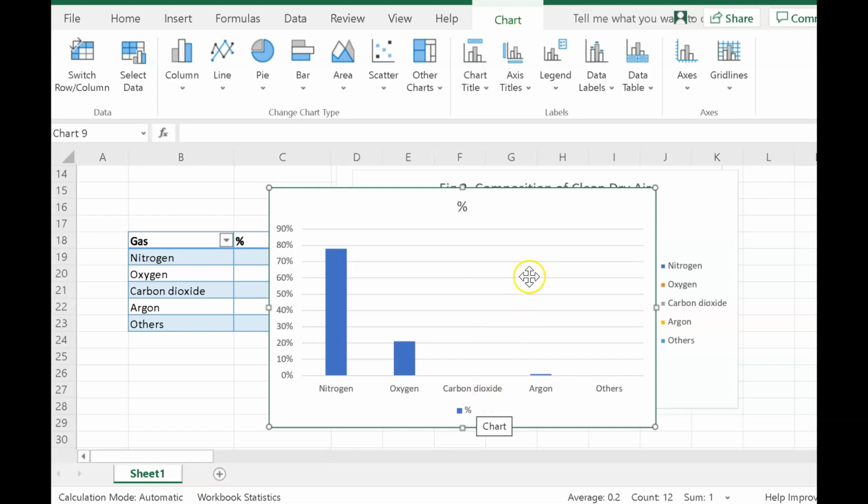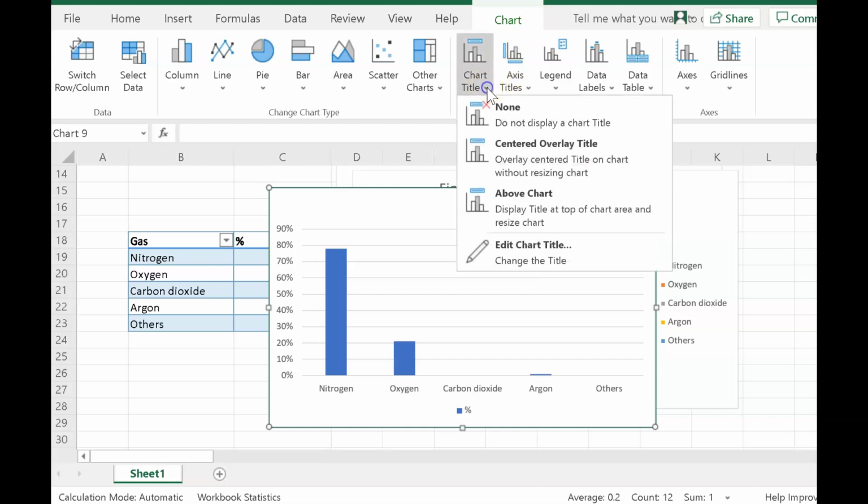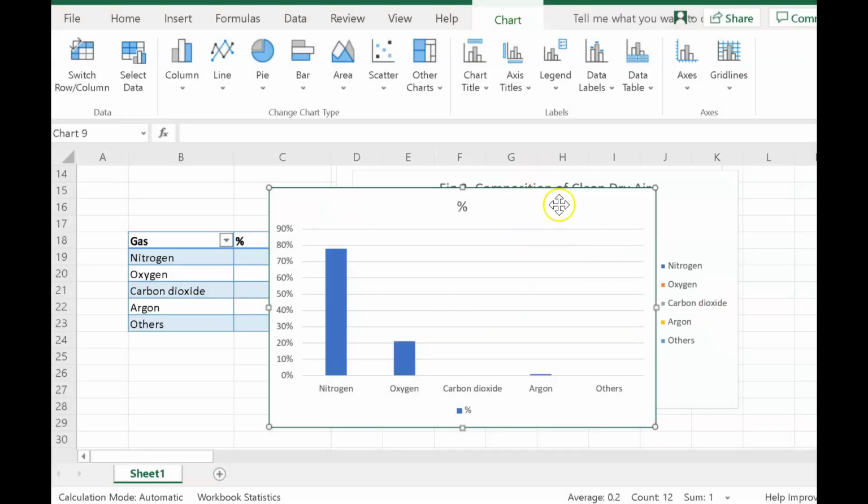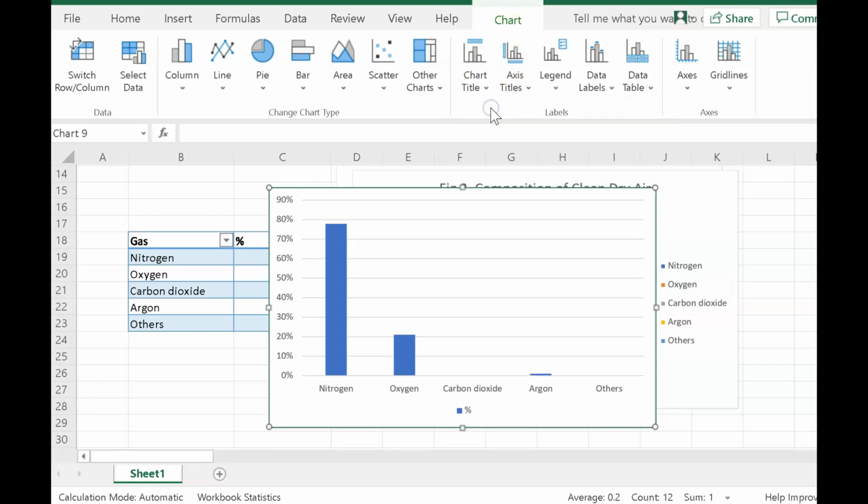Again, what choices do we have here? Chart title. Okay, I think what we have to do, maybe we have to first erase the title.